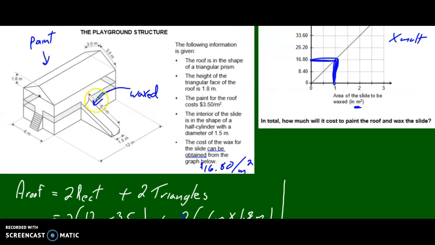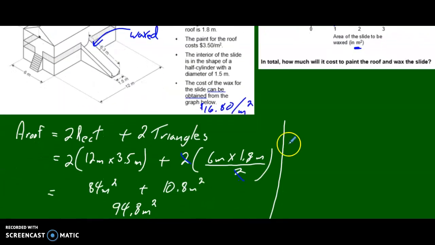Now let's see if we can do the slide. We can find the area of the cylinder. It's half the lateral area. We're not waxing the circles. The lateral area of a cylinder, remember, is the circumference 2 pi r times the length. But we're dividing it by 2 because we only want half of it.